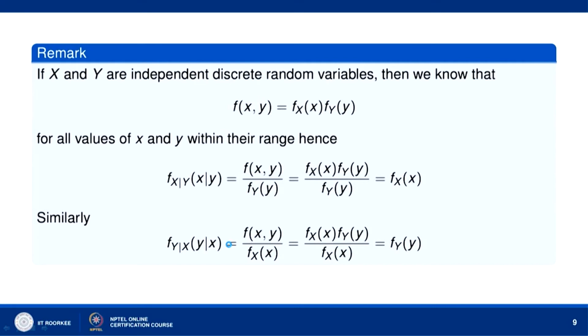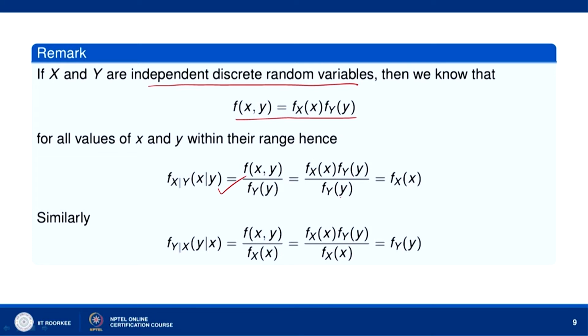Now, if X and Y are independent discrete random variables, then we know that f(x, y) = f_X(x) f_Y(y) for all values of x, y within their range. Now, f_{X|Y}(x|y) = f(x, y) / f_Y(y) by definition, and if X and Y are independent, f(x, y) = f_X(x) f_Y(y).